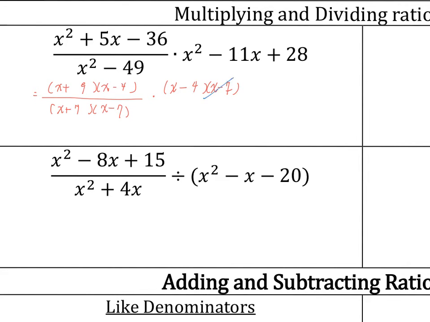So I see x minus 7, and that seems to be it. So now we have to put all your factors back together. So there's one common factor in the numerator, I'm sorry. So we can rewrite that as x minus 4 squared. So now this will be your answer.